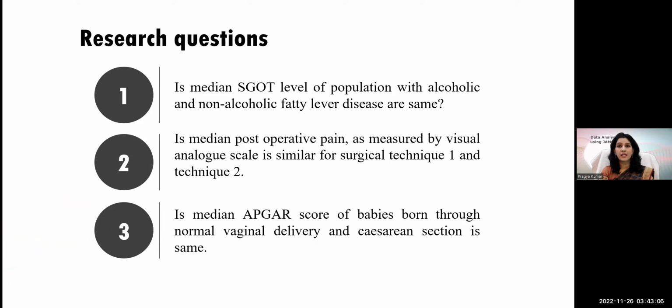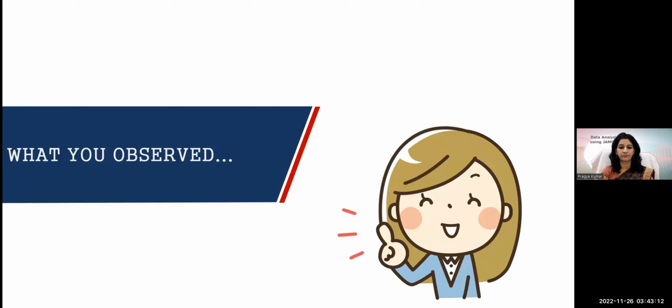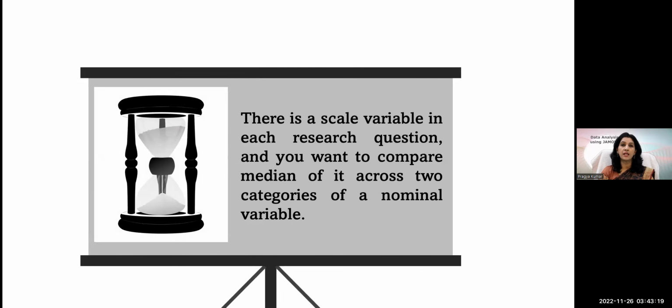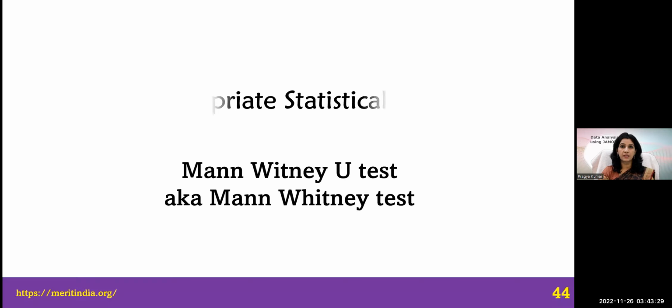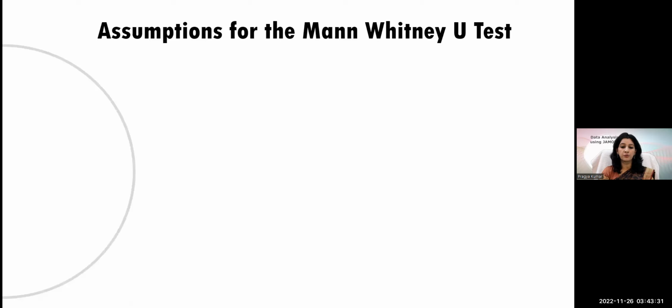Or is the median Apgar score of babies born through normal vaginal delivery and cesarean section the same? So in all these cases, what have you observed? That there is a scale variable in each question, and we want to compare the median of this scale variable across two categories of a nominal variable. So the appropriate statistical test is the Mann Whitney U, also known as the Mann Whitney test.